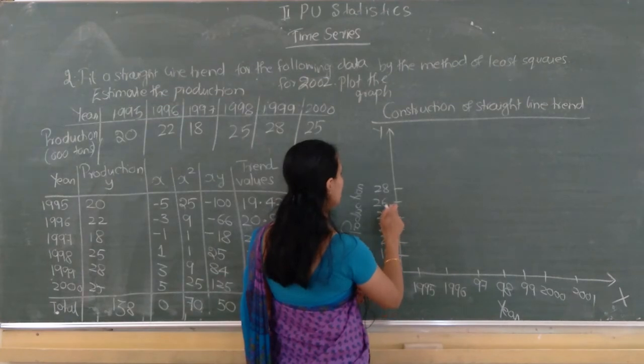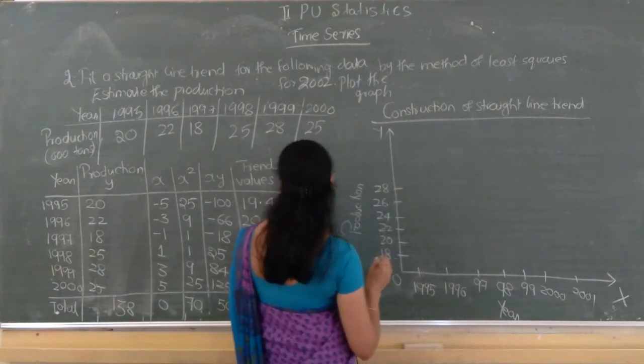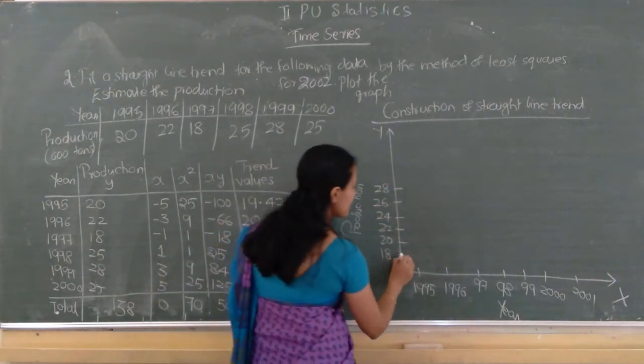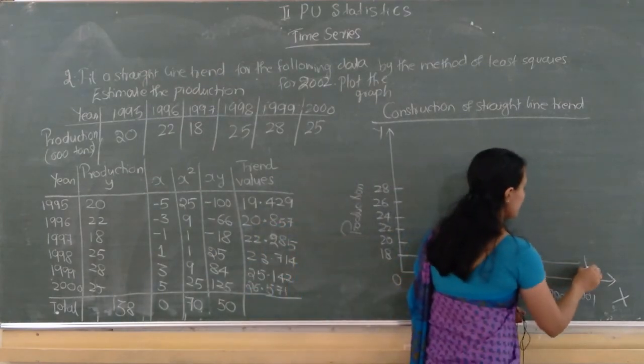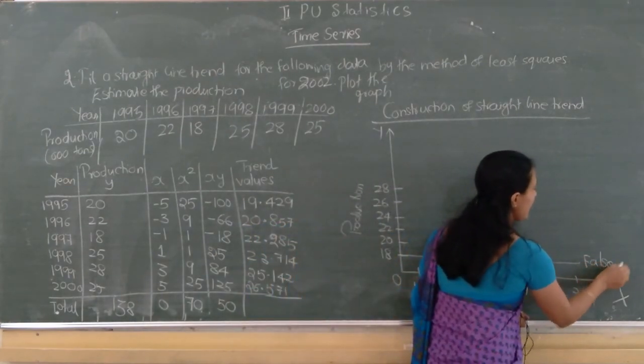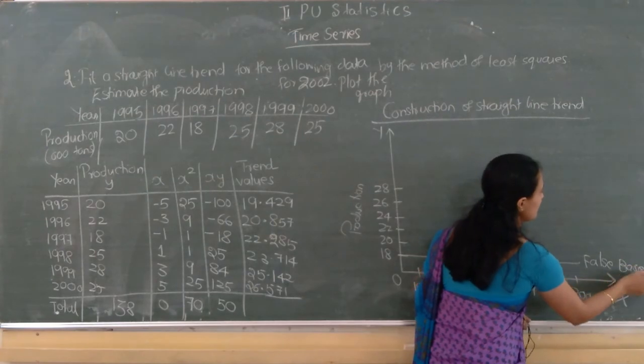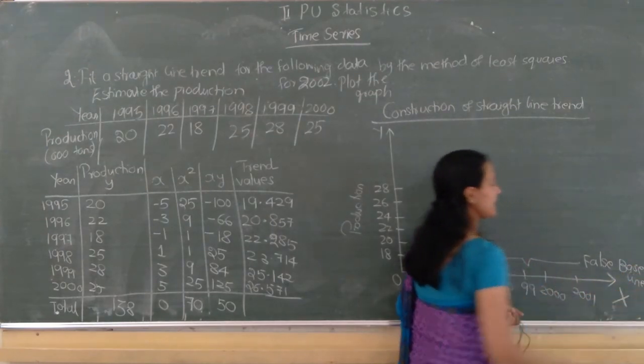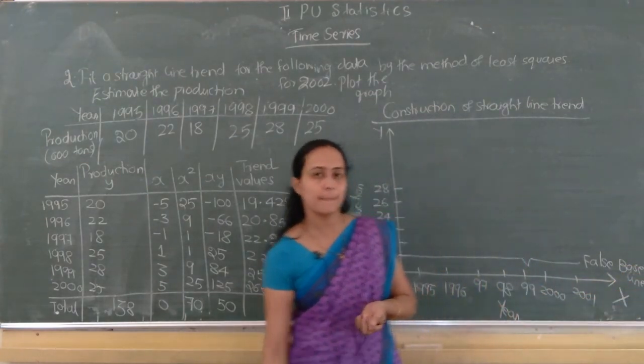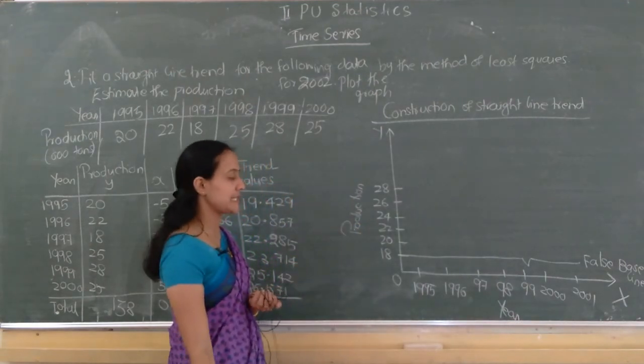The difference from 0 to 18 we are not considering, so here we have to draw a false baseline. Clear? Yes, it is a false baseline.